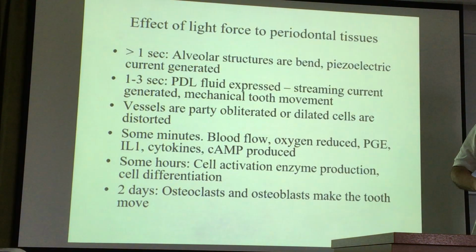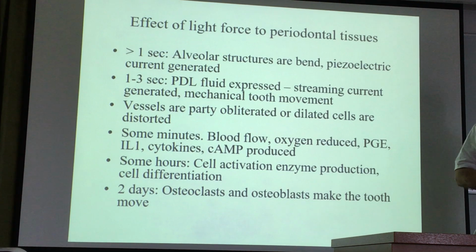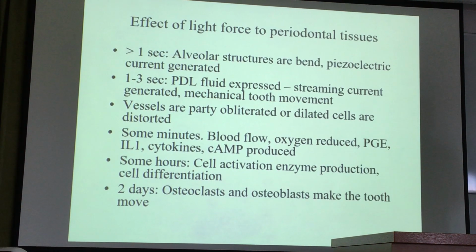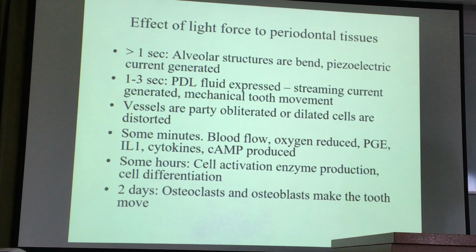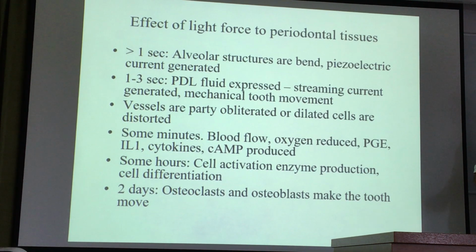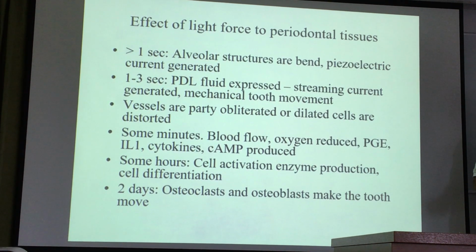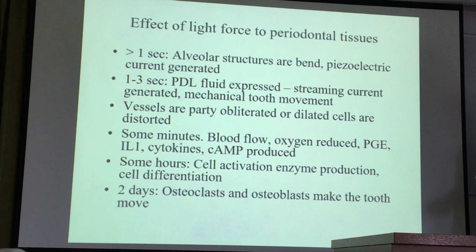and this could be a type of stimulus for the osteoclast to migrate to the site. Okay, so this could be an explanation why the osteoclasts migrate to the site of the pressure zone.